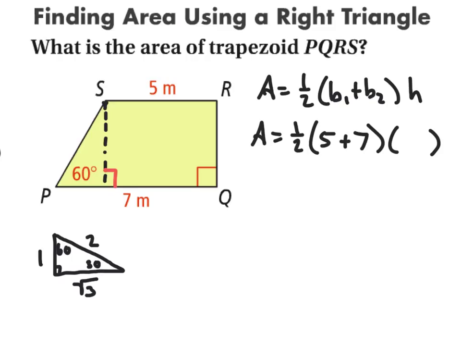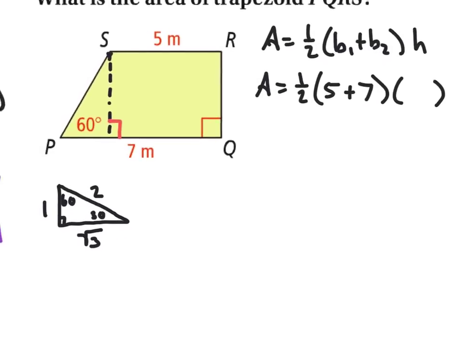So, we need to come in here and set up a proportion to solve for our missing lengths. So let's see, we start with 1, we have the square root of 3 in the middle, and 2 on the end.